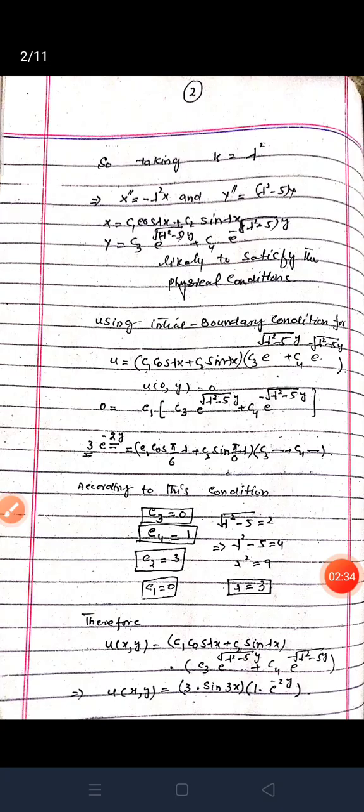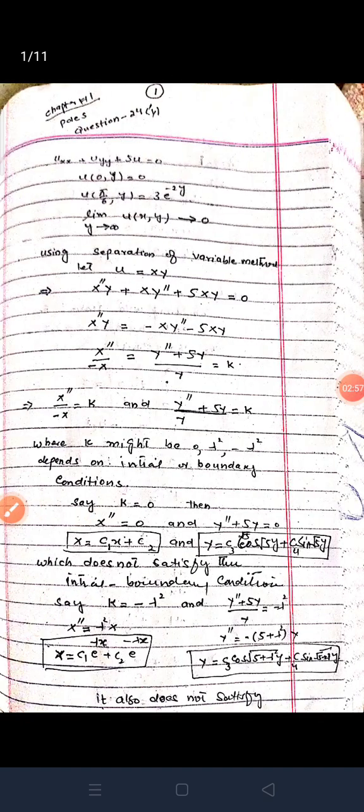Now let us try k is equal to lambda square. Putting this value lambda square, after solving we get the answer of X and the answer of Y, and we try whether these values satisfy our boundary condition or not. According to our boundary condition, it has e to the power of y.